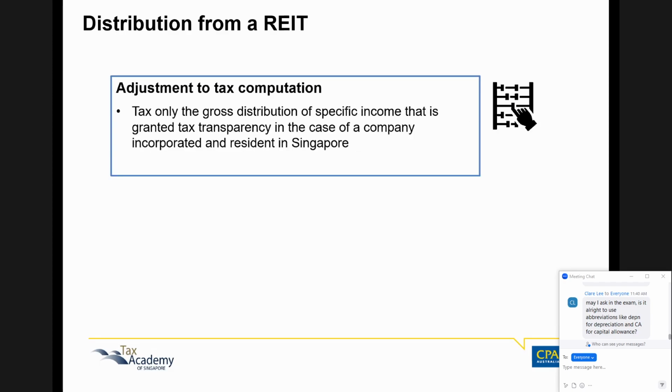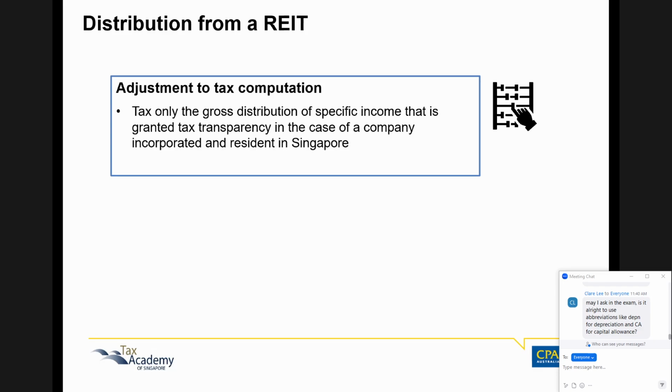So up at the tax com, you need to less off that $100 because your net profit will include that $100 distribution. You need to less off that $100 first.